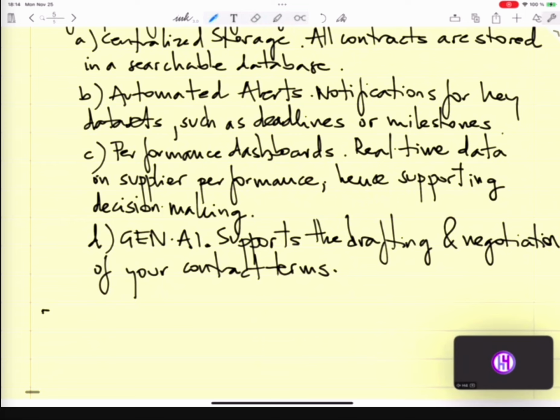And then 5.2. The last point today is blockchain for smart contracts.